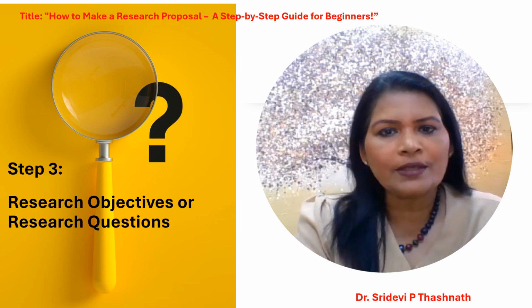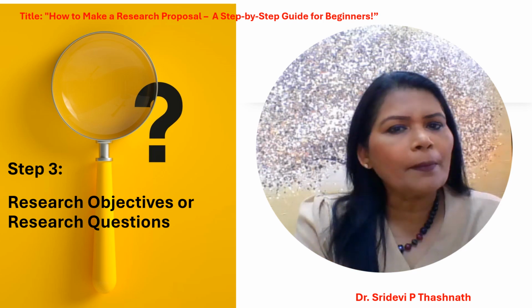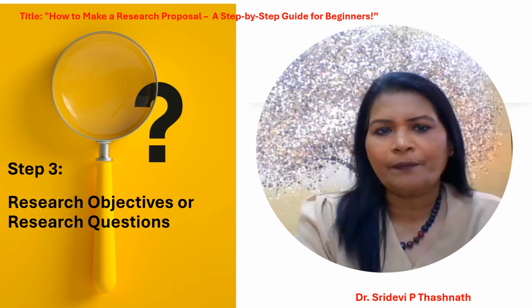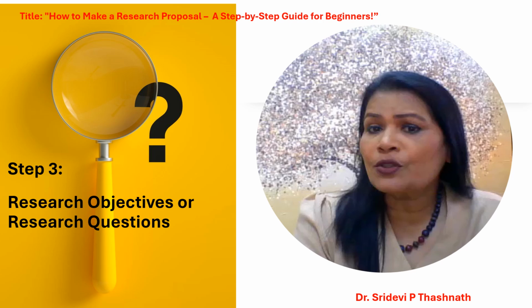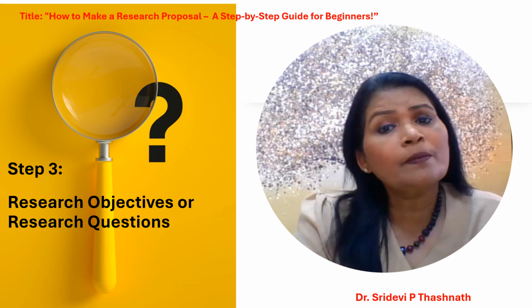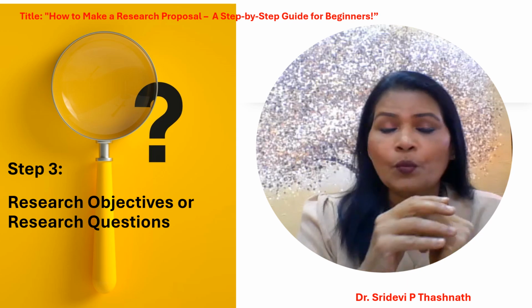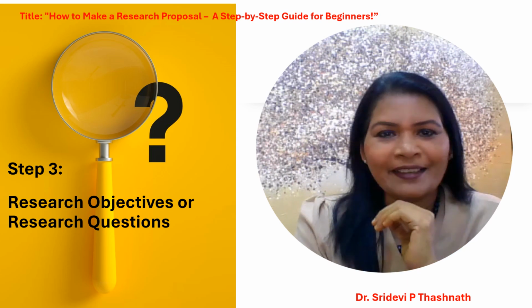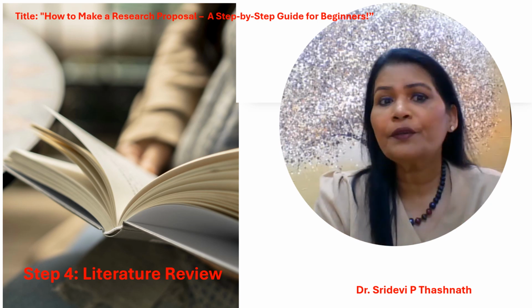The objective is to assess how digital marketing influences consumer behavior in small businesses. Now the research question is, how does digital marketing impact consumer purchase decisions for small businesses? Now try to be specific and realistic with your objectives. This will give your proposal a clear direction. Step number four, literature review.